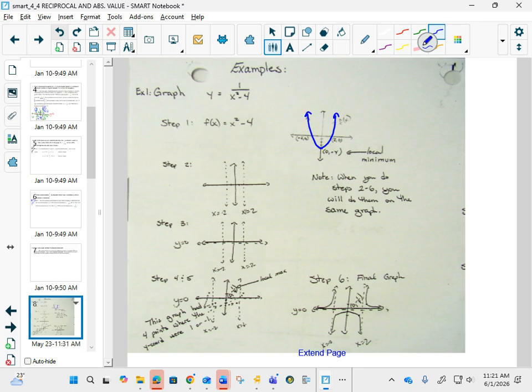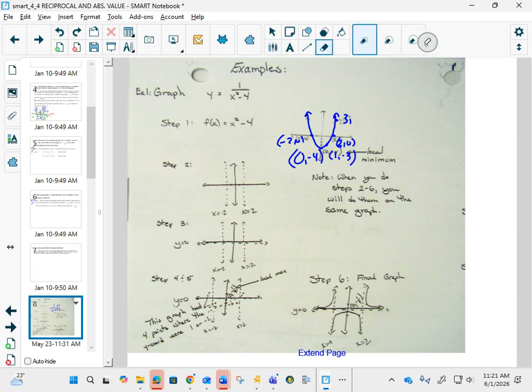And on here, I've labeled my minimum 0, -4. I have x-intercepts at 2, 0 and -2, 0. And I could find more points if I wanted to, right? I could plug in 1 and I would get 1, -3. I could plug in 3 and get 3, no, close.